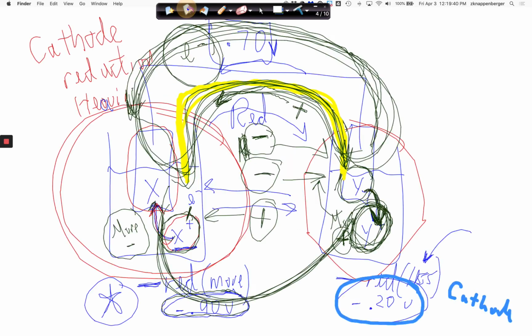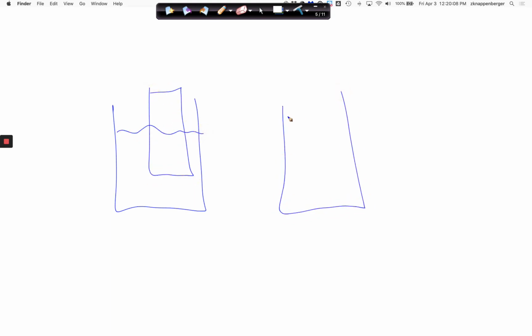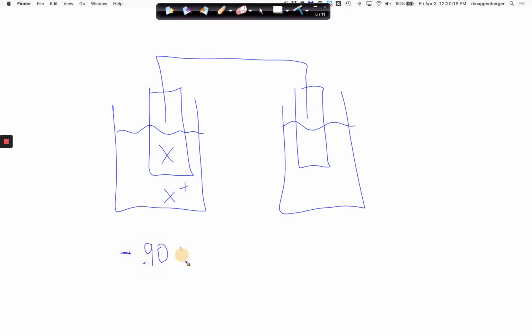With that in mind, as Caleb pointed out, and I'm sorry this is such a mess, I'm going to rewrite it. X was on the left, and that was negative 0.9. So let me switch to a thinner pen. The way that we did this, we said this is X, and this had a reduction potential of negative 0.9 volts.